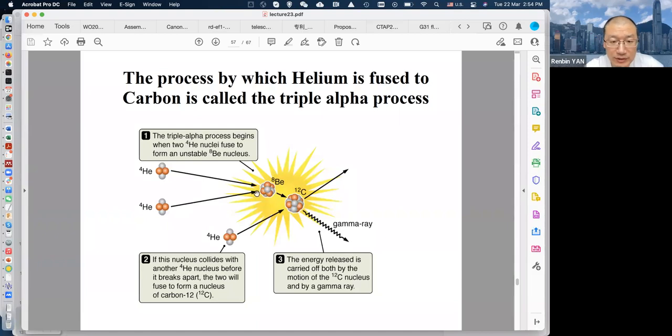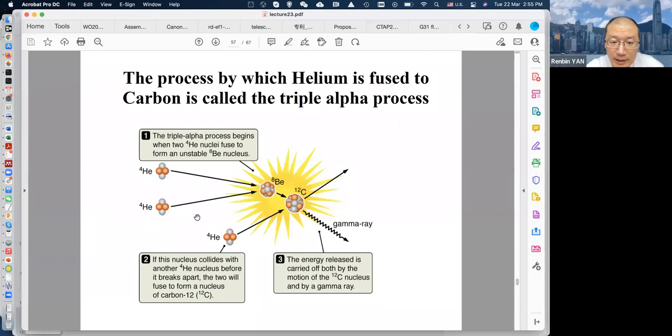But it can happen for a short moment, since the beryllium nucleus has a very short lifetime, so you actually need a third helium nucleus to combine with the beryllium nucleus before it dies, before it splits back into two helium nuclei. If it encounters a third helium nucleus, then these can form a carbon nucleus.